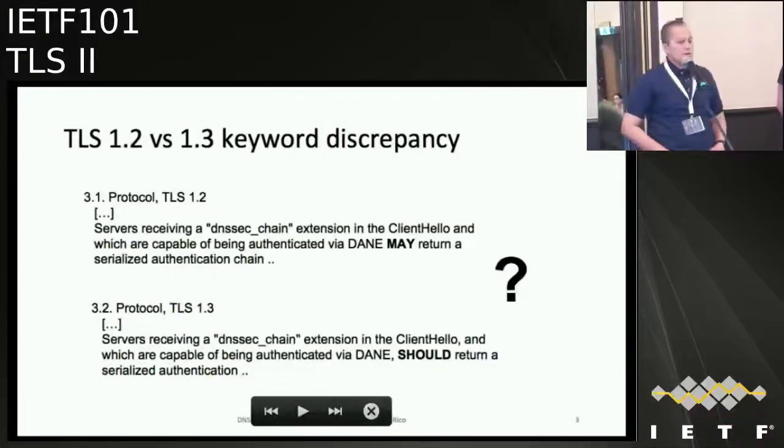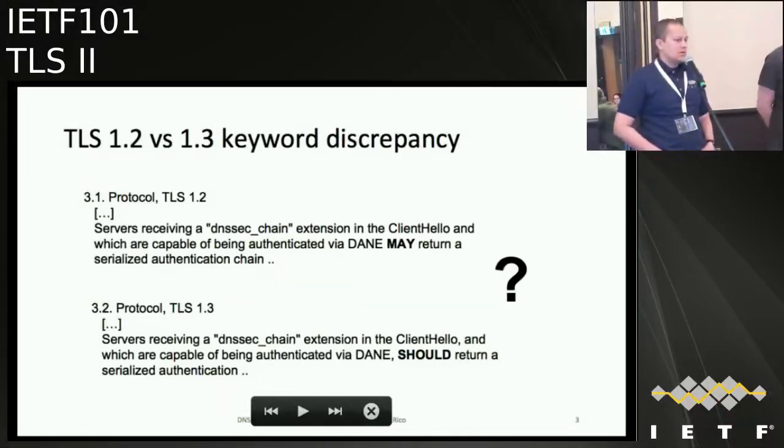So this is the remaining issue. There was an inadvertent keyword discrepancy in our description of the mechanism for TLS 1.2 versus 1.3. So it says, servers receiving a DNSSEC chain extension in the client hello and which are capable of being authenticated by DANE may return an authentication chain. That's what the original wording said for TLS 1.2.